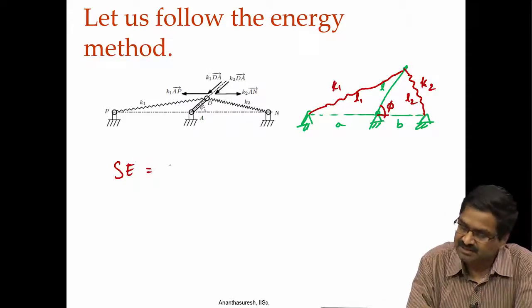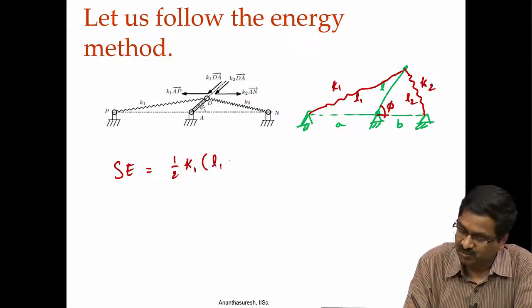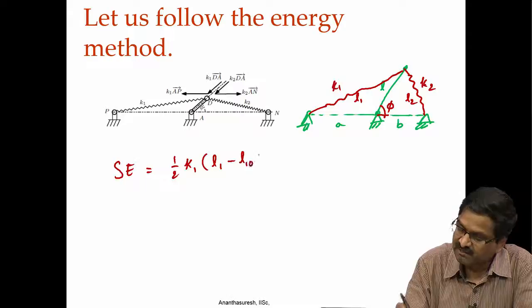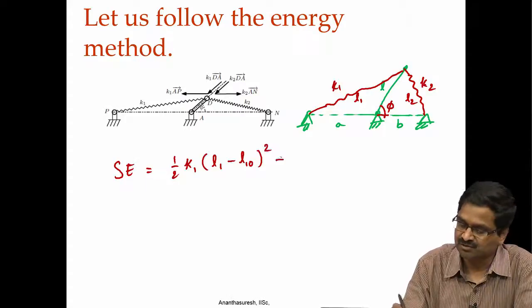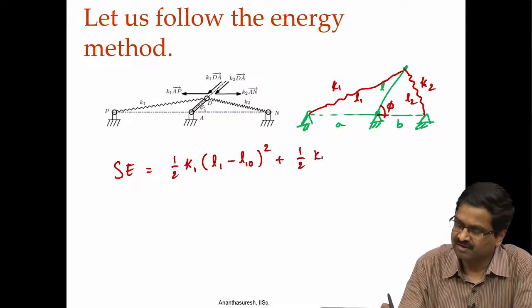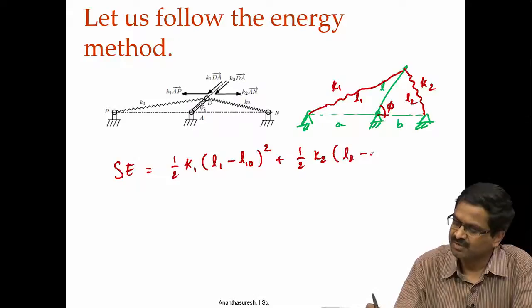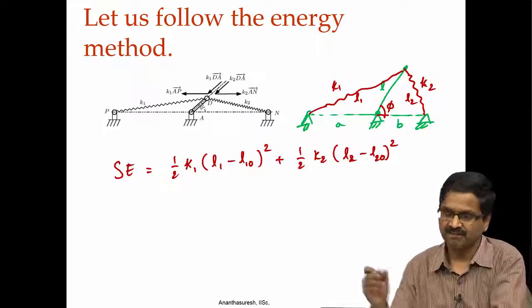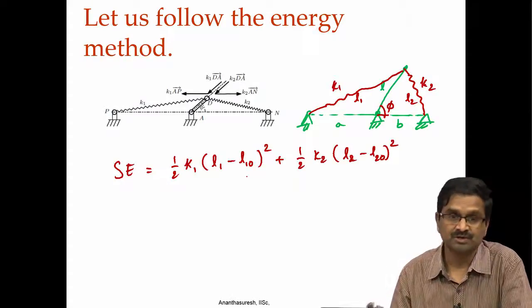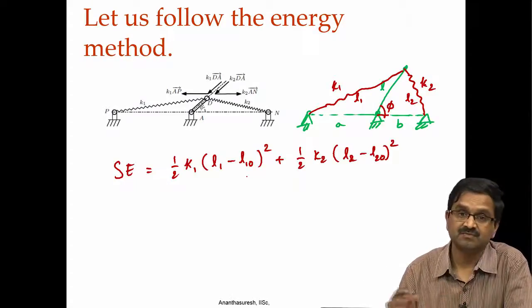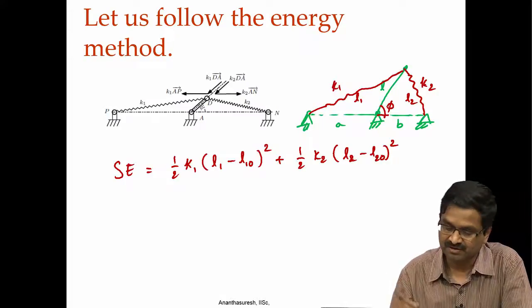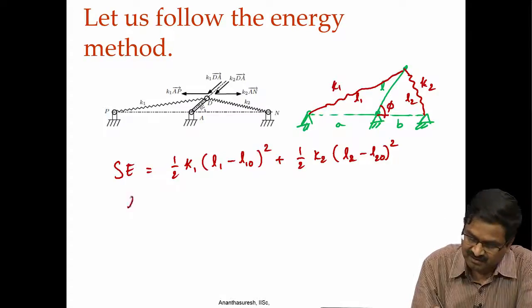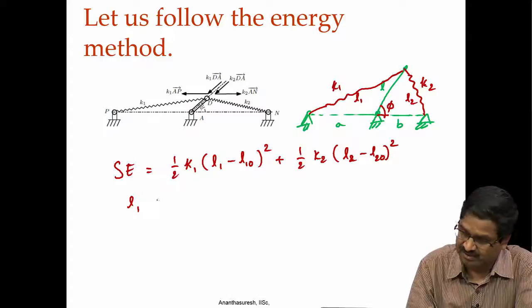If I write strain energy here for the first spring, let us say half K1 (L1 minus L10) squared, where L10 is its free length, and then half K2 (L2 minus L20) squared. Now, we will argue that unless L10 and L20 are 0, strain energy in this case will not be constant for all values of phi. Where does phi lie? Phi will be there in L1. What is L1?